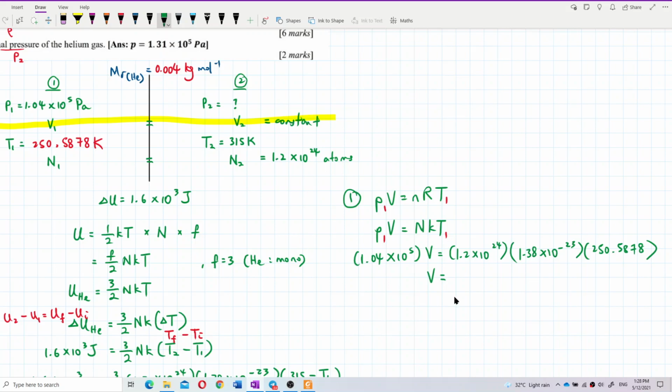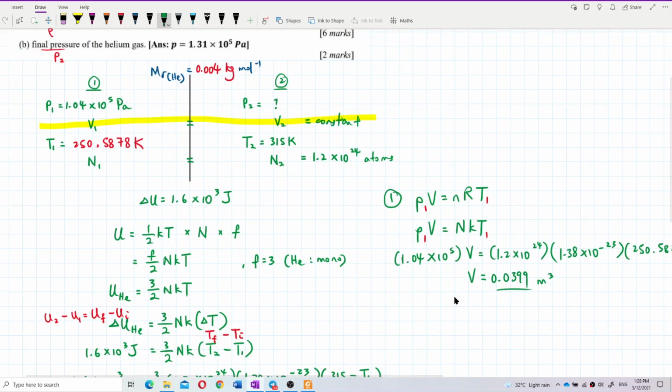So my volume is actually 0.0399 meter cube. I got the volume already, so I write that down also.